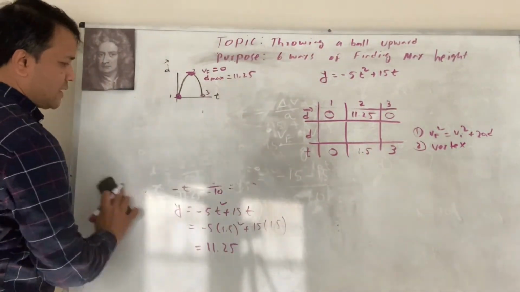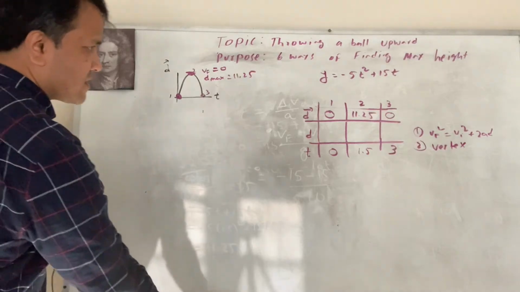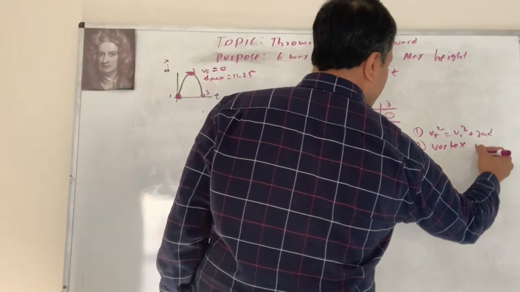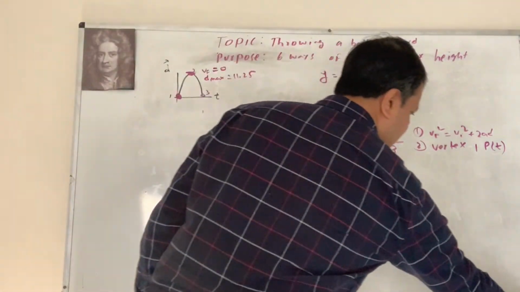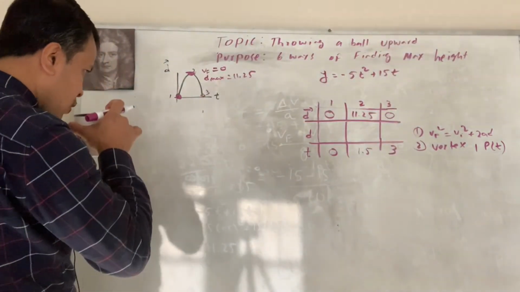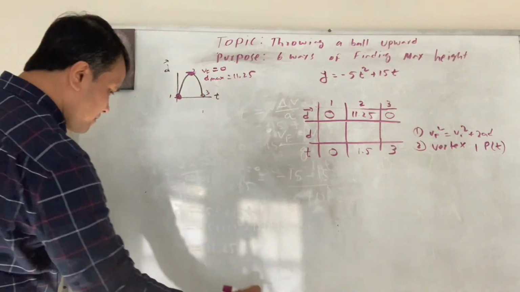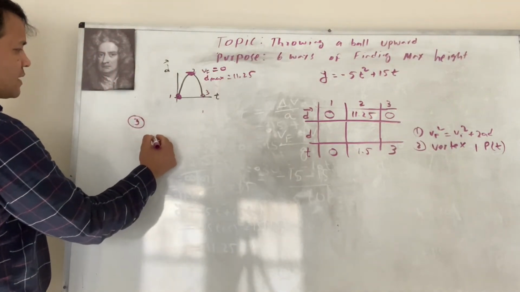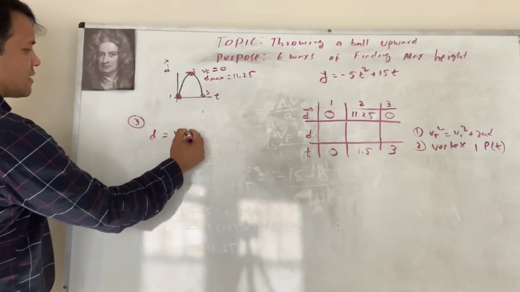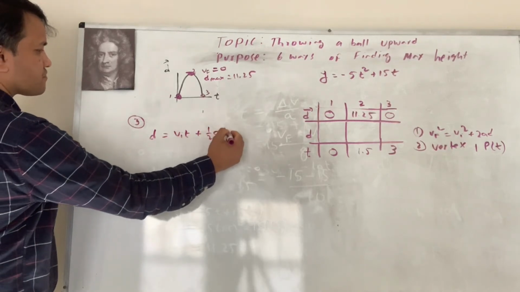Alright, what else can you do? You can use the vertex plus the position function. Now number 3. Let's see whether you can find it this way. D is equal to Vi t plus half a t squared.